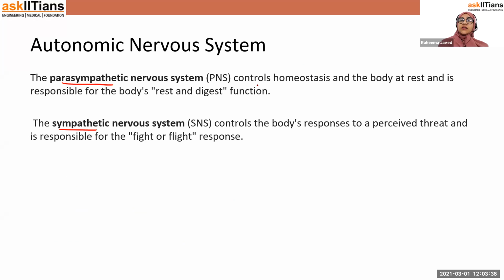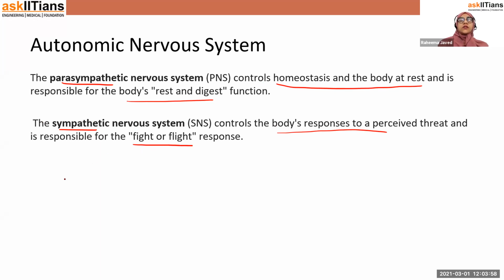The parasympathetic nervous system controls homeostasis in the body at rest and is responsible for the body's rest and digest function. The sympathetic nervous system controls the body's responses to a perceived threat, that means during an emergency, and is responsible for the fight or flight response.